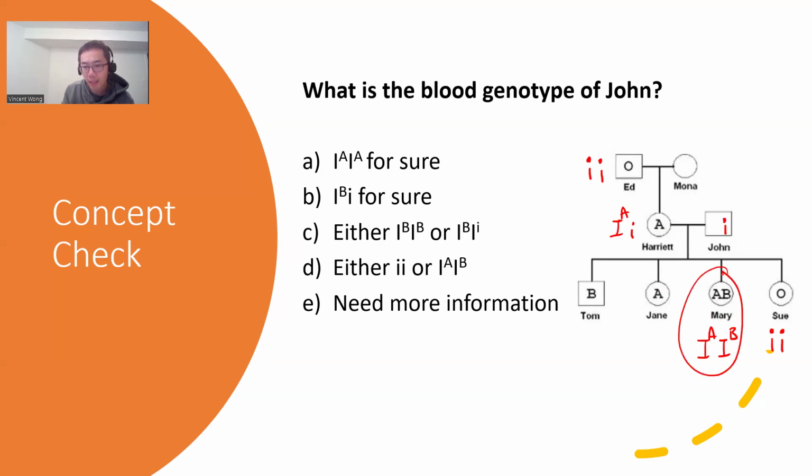Let's take a look at Mary here. Mary is AB. The A came from Harriet because Harriet couldn't have passed on the B, right? She's type A. And therefore, the B must have come from John. So John is IB little i for sure.